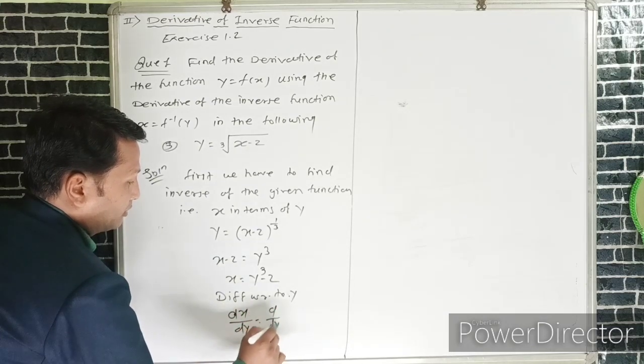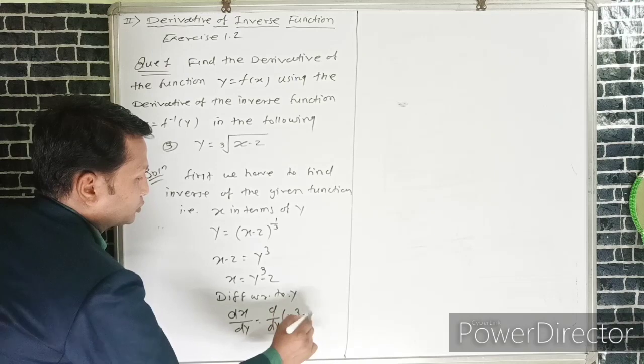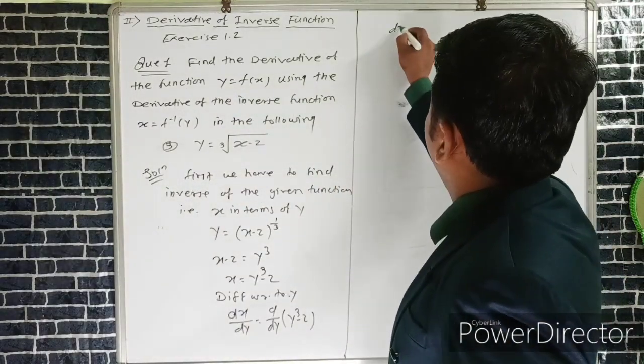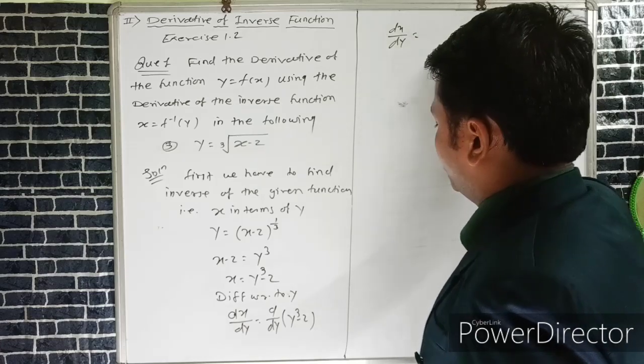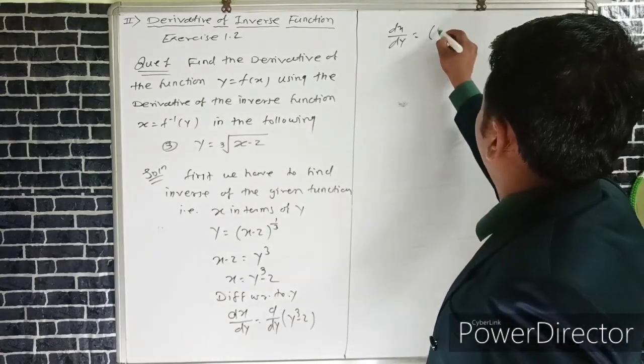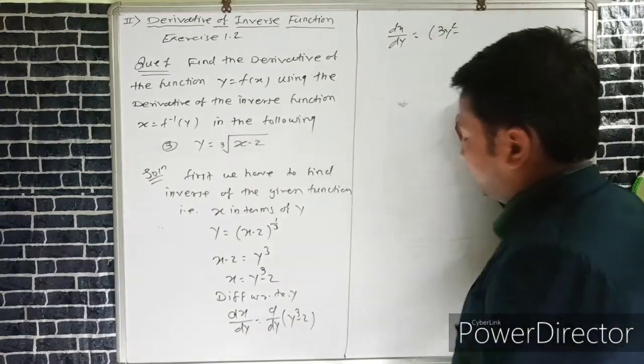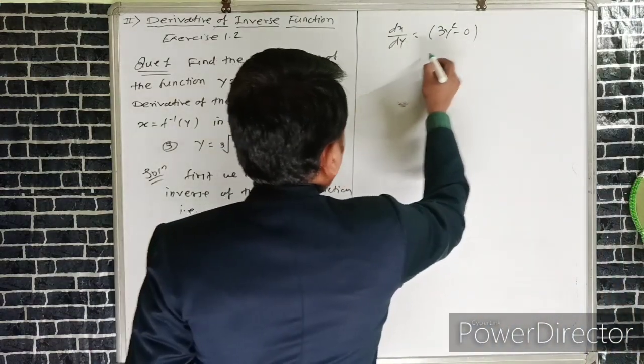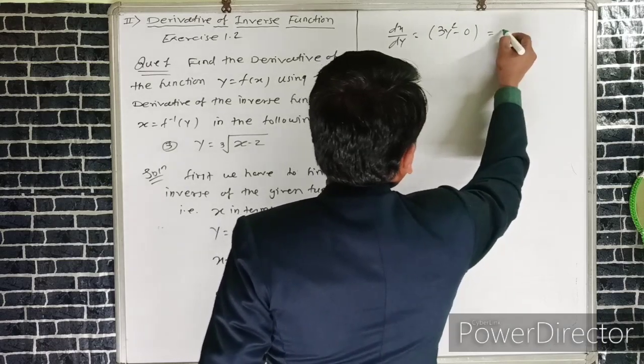The derivative of y cube minus 2: dx upon dy is equal to the derivative of y cube, which is 3y square, minus the derivative of 2, which is 0. Again we can write dx upon dy is equal to 3y square.